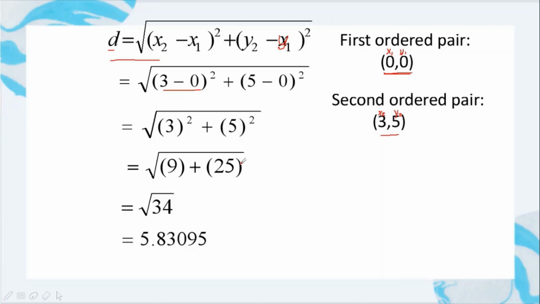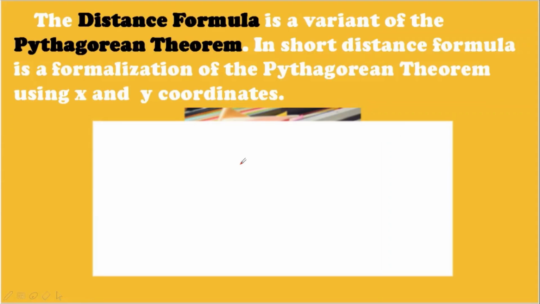So to determine the exact or the approximate value of that, again, we will use the calculator. So the distance here is 5.83095 or approximately 5.83 miles.